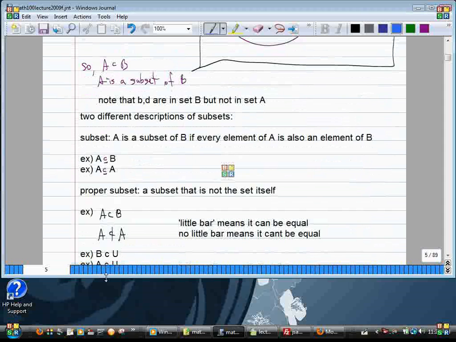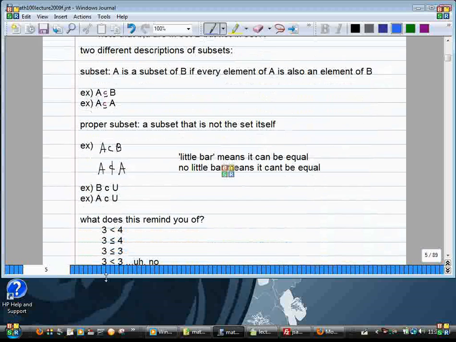Wait, so proper, no line, or line? That's a good question. What does this notation remind you of? This should remind you of something from arithmetic. Yeah. Not equal and not equal, and also what else? What does this little C kind of look like? It's not the same as, but it kind of looks like greater than. Yeah.